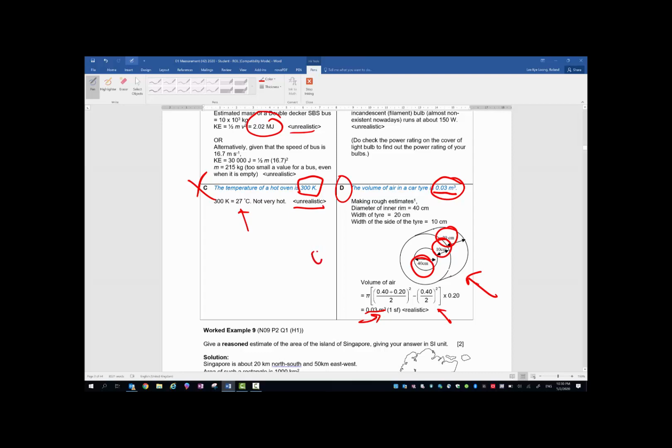Even answers like 0.02, 0.04, 0.06, you may get if your numbers are different, but they are of the same order of magnitude. So that is reasonable. So don't worry that if this is a structured question and your answer is 0.02, 0.04, 0.06, it will still be acceptable.